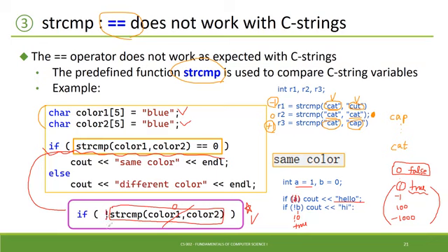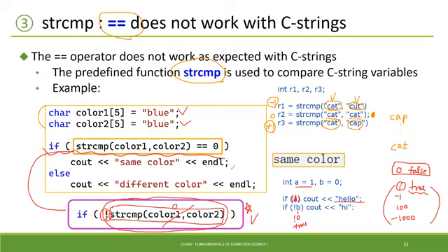This not will invert the result, right? So if color 1 and color 2 are the same, then this condition is true. Is it okay? Not 0 will make it true.